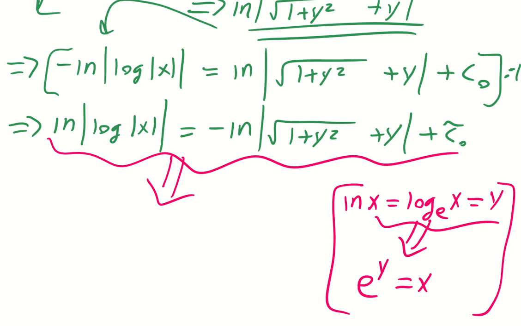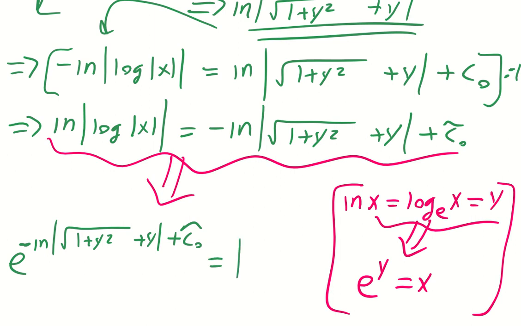We can say that we have e to the power of minus natural logarithm of the absolute value of square root of 1 plus y squared plus y, and then we have this plus c0 tilde, and that is equal to the absolute value of log absolute value x. Alright, so we've simplified that, but we can do some more simplification.